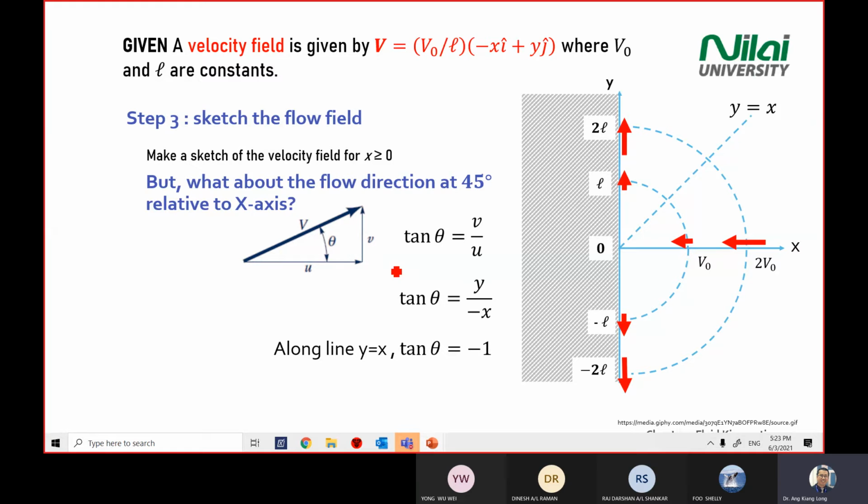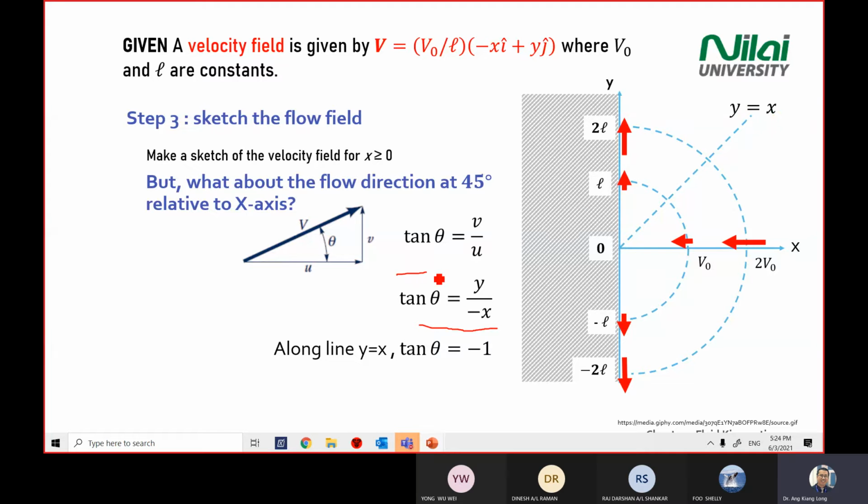So we go back to trigonometry. Tangent theta equal to v divided by u. And when you substitute your values of u and v, you'll get tangent theta equal to y divided by minus x. You understand up to this stage? Yes. Okay. Now along this line, the equation is y equal to x.